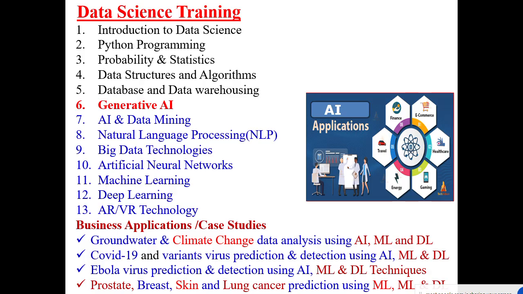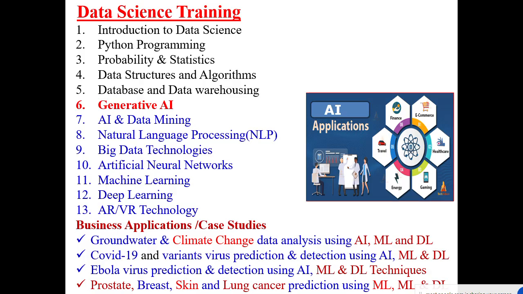And network means interconnection between computers in the fashion of local area network, wide area network, metropolitan area network, etc. So these are various kinds of networks we are discussing in this data science internship program.